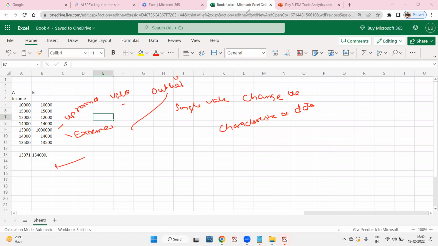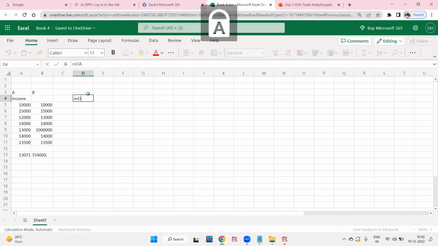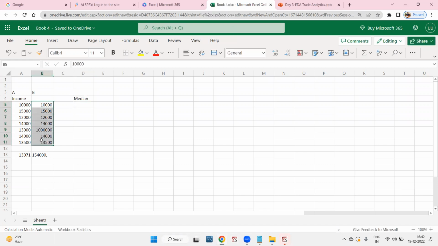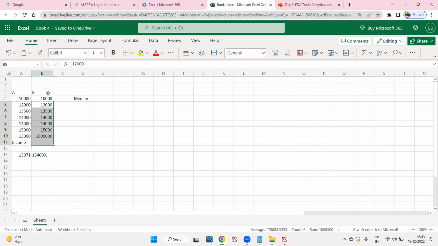We can handle it with the second measure called median. When you sort the values, we have to get the middle value. What is the middle value?